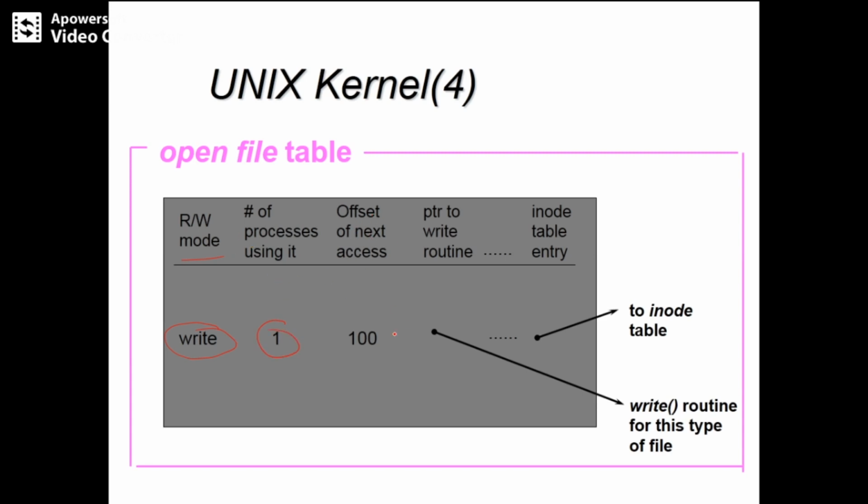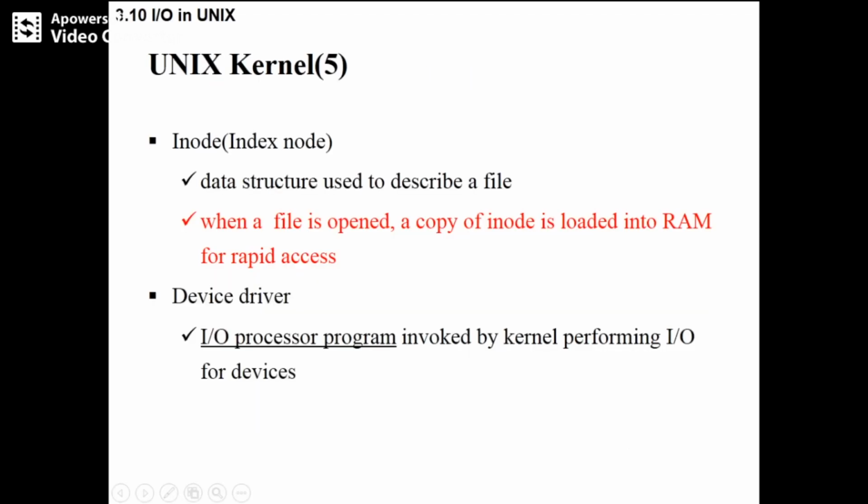Then the offset of next access, the address, is there in the next column, and you will have a pointer to the write routine for this type of file. Last thing you have is the inode table entry. Many other data are available in open file table, and finally the last thing you have is the entry to the inode table.